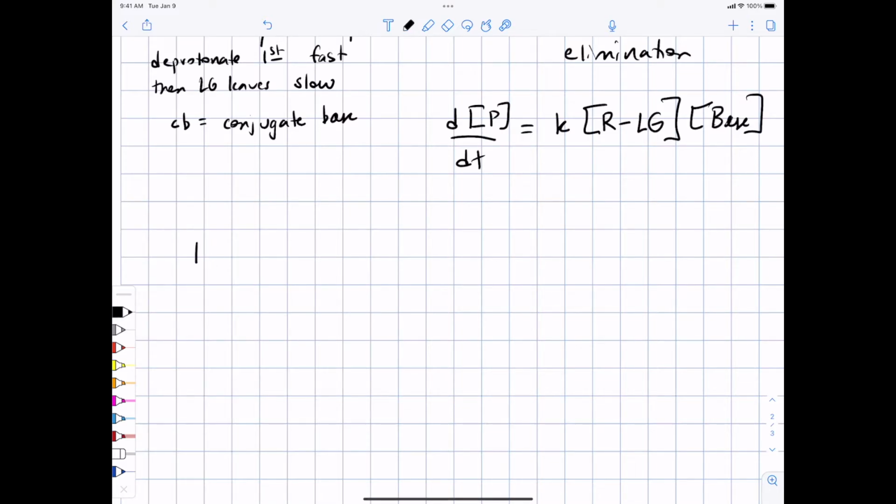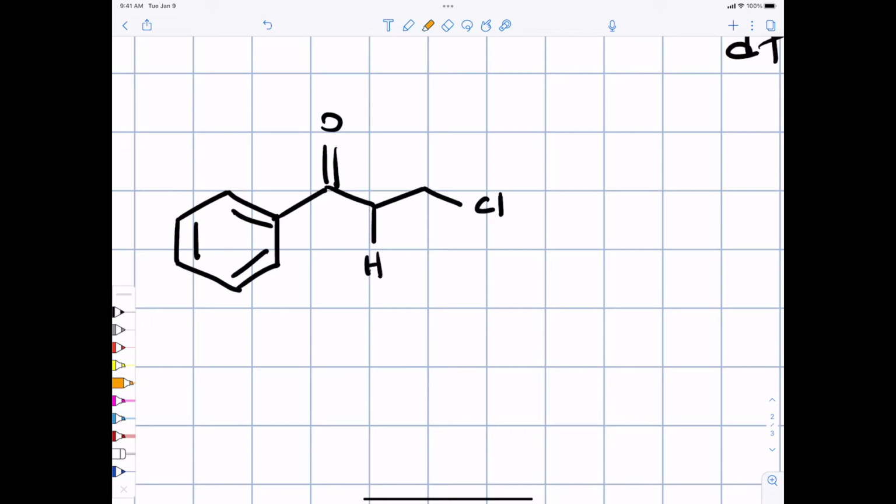Generally, E1CB reactions involve resonance stabilized anions. So here you have a ketone, a proton there, and a leaving group here. So relative to the leaving group, we'll call this the beta carbon, even though we know it's alpha to the carbonyl.